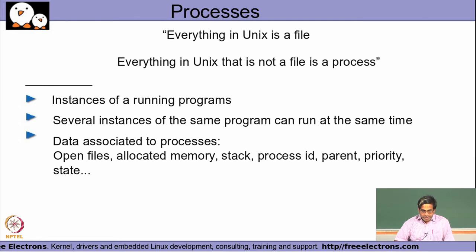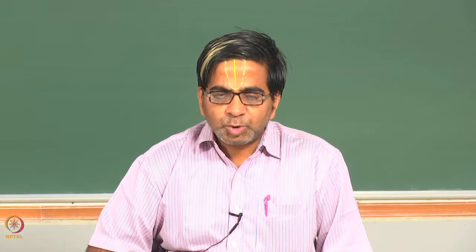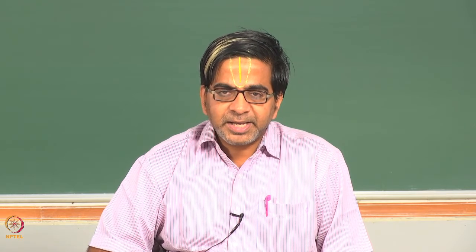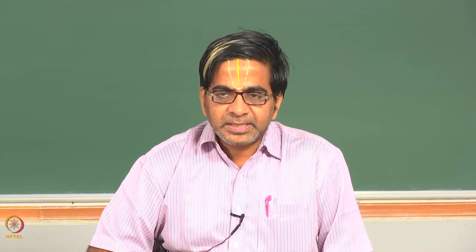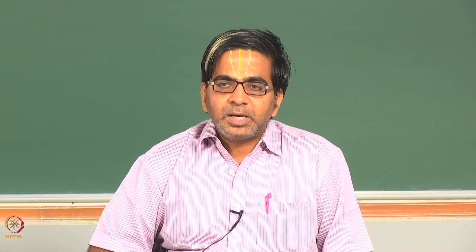There are different types of data typically associated with a process, which we saw very briefly when we talked about the different parts of the operating system initially. You have the open files maintained by the process, the amount of memory that has been allocated, the stack, and the process ID, the unique identifier through which the process is identified in the system.